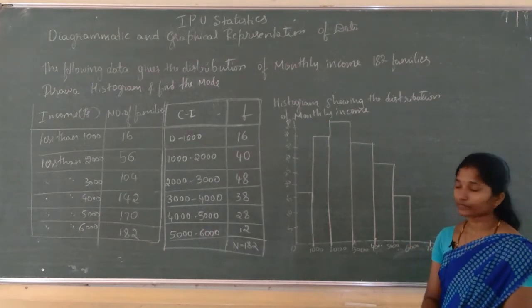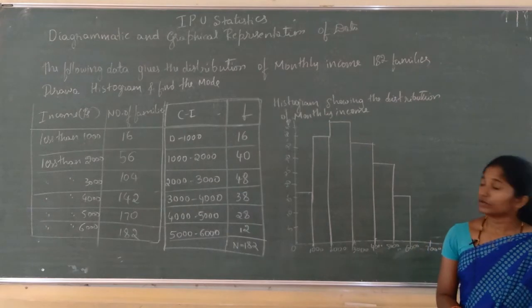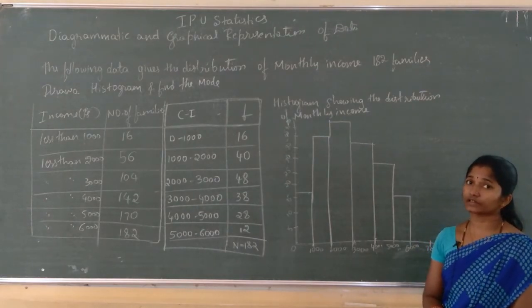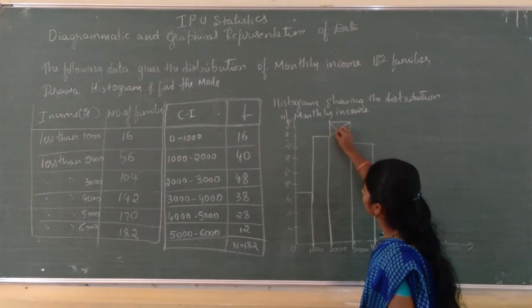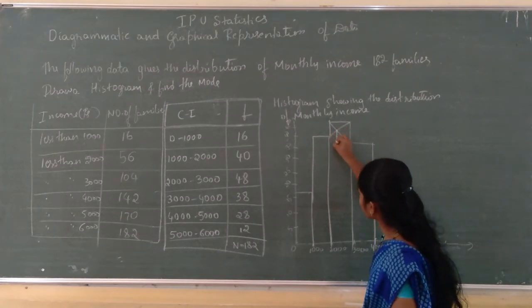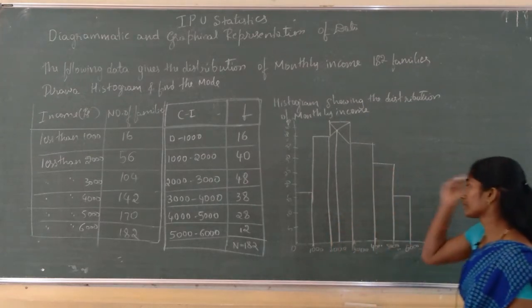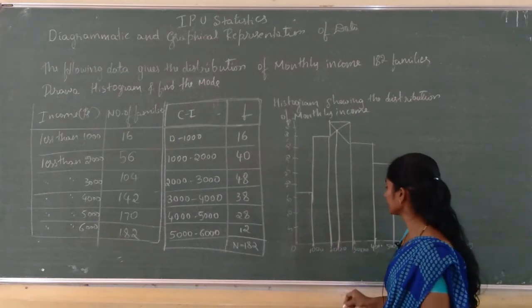Like this way. Then join the opposite vertices of the adjacent rectangles, that looks like diagonals. From the point of intersection draw a perpendicular to the x axis, then you will get the mode here.